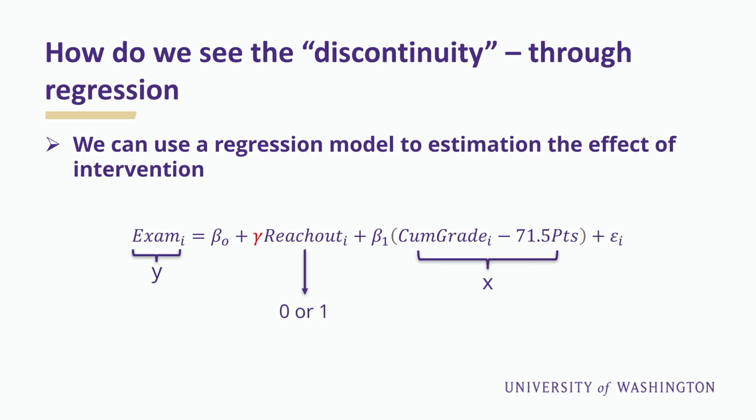And of course, gamma is the effect of the intervention. If we put 1 or 0 back into this regression model, we can actually see this equation in our visualization. So let's go back to our visualization and put this regression equation back into it, so we can see where this gamma comes from.